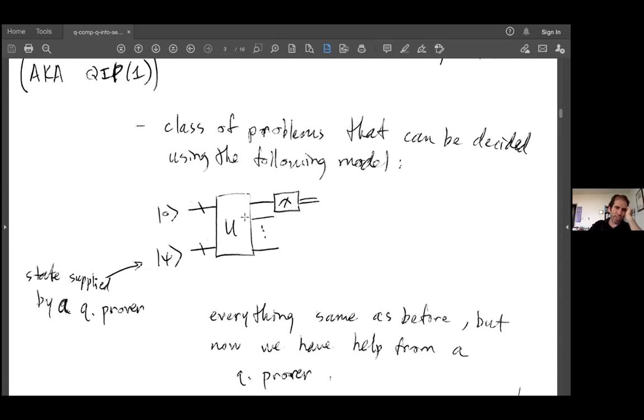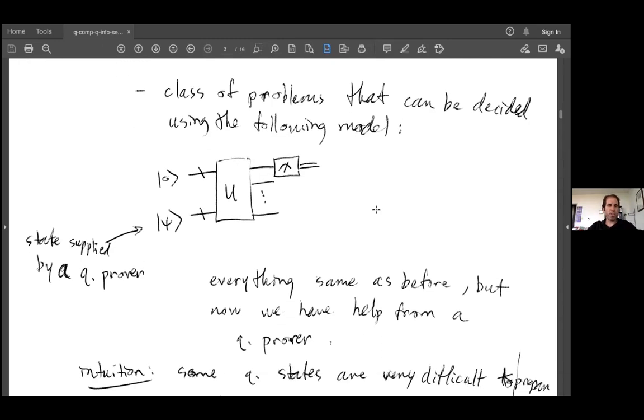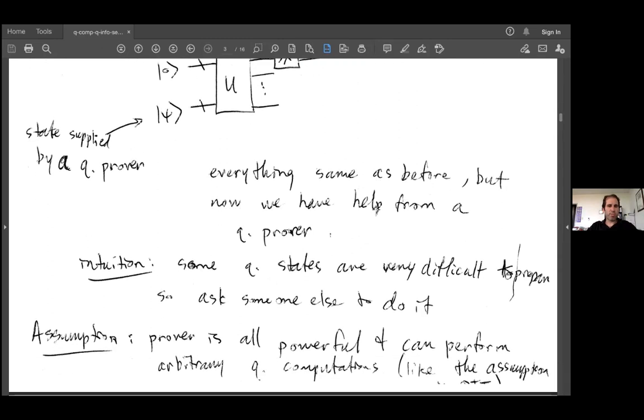Some sequence of gates are executed, and then there's a single decision qubit that helps you decide yes or no, is the answer to the question, right? And so the example I mentioned was this local Hamiltonian problem. Yes, the ground state energy is below some amount, or no, it is above some amount. Okay, so that's the complexity class.